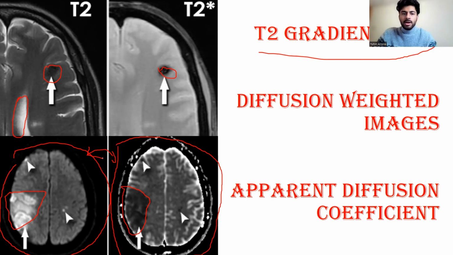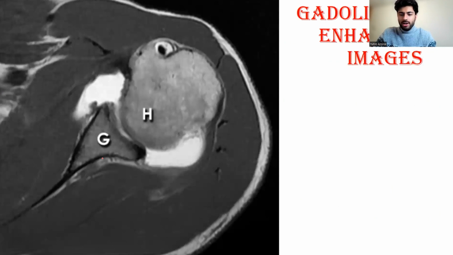Now you know very well what types of images we have: T1 weighted, T2 weighted, STIR weighted, FLAIR images, diffusion weighted images, ADC images, and T2 weighted gradient echo, right? Even after having all these types of images, sometimes some things are not visible clearly.